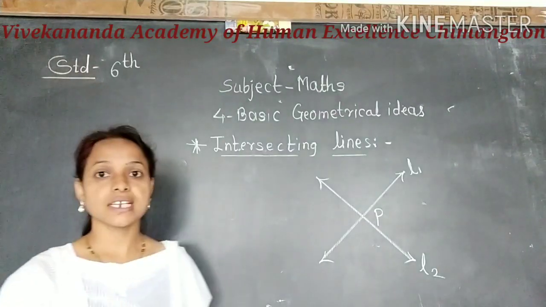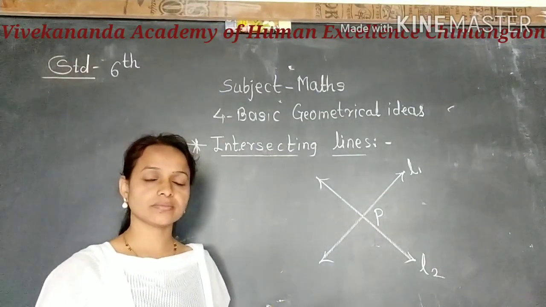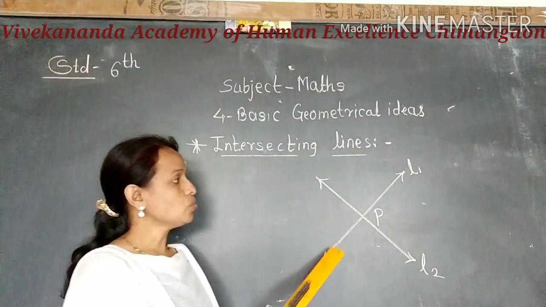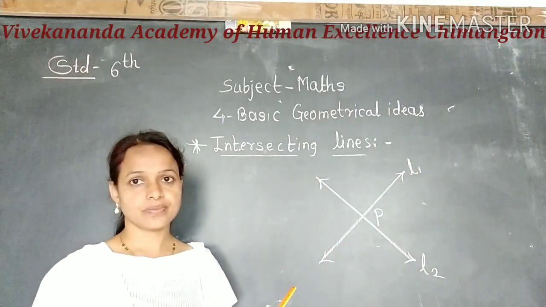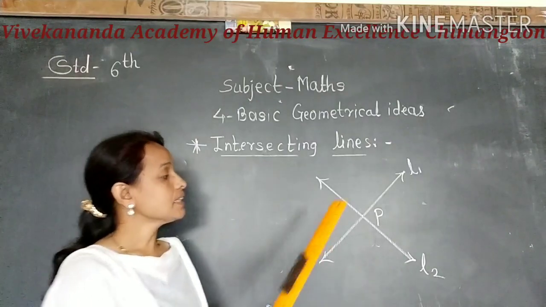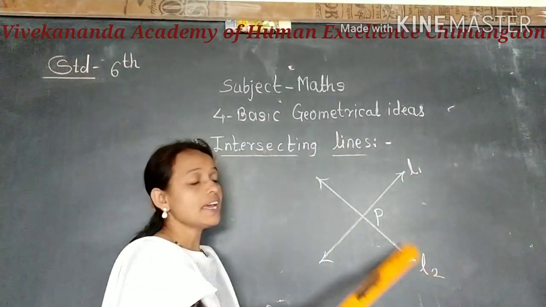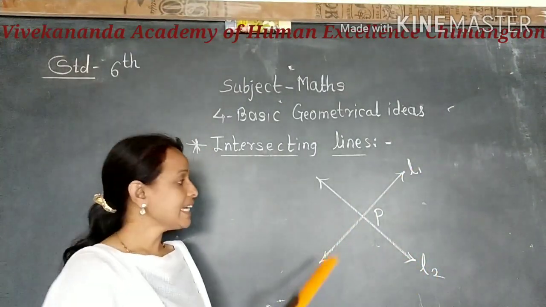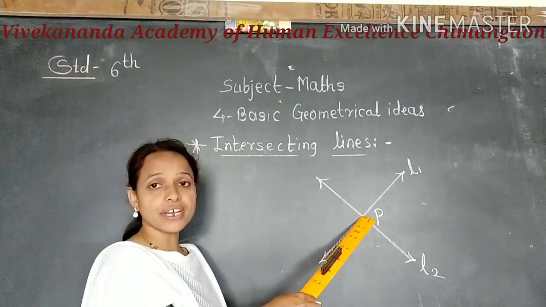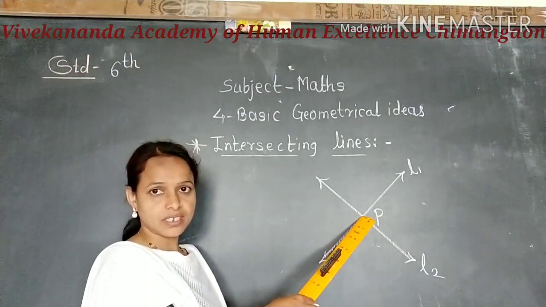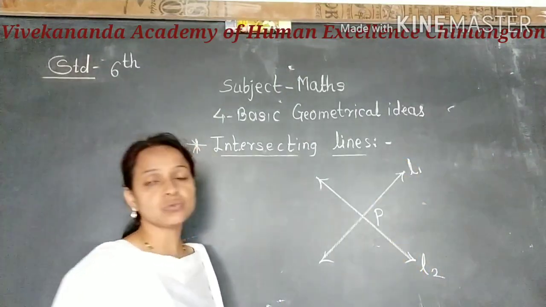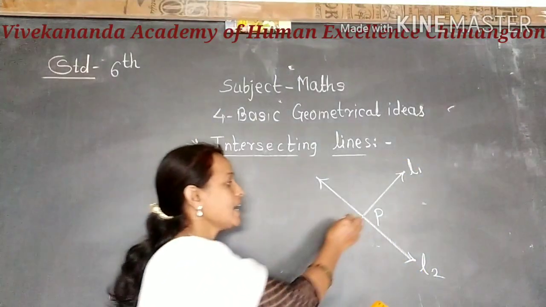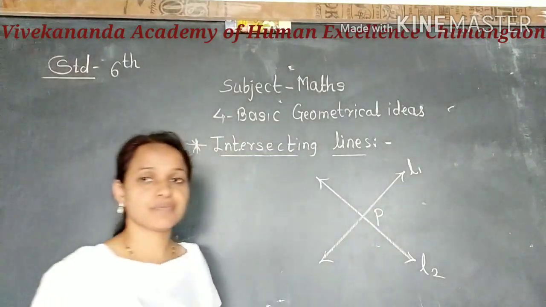Okay, look at the diagram. There are two lines l1 and l2 shown. The lines l1 and l2 intersect at point P.